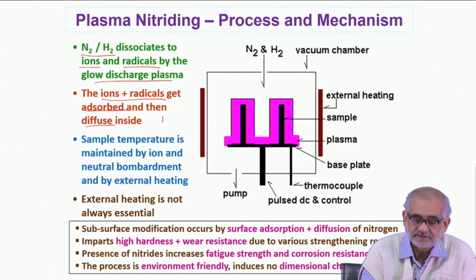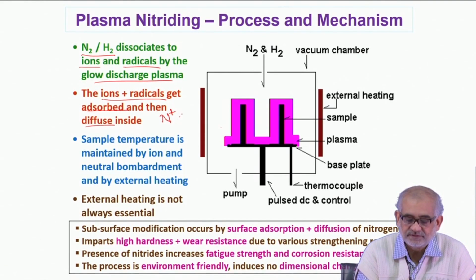In this particular case, we are talking about nitrogen in an activated state, or the nascent state. When they come in contact with the surface, the free electron cloud from the surface allows them to convert into nascent nitrogen atoms.